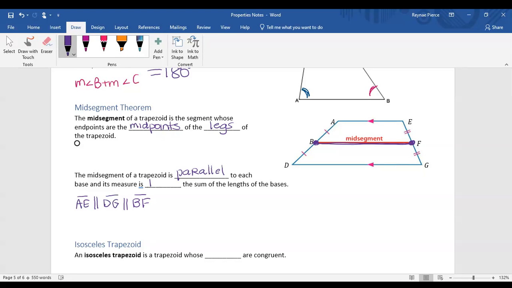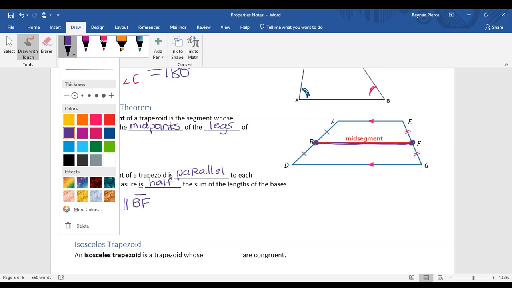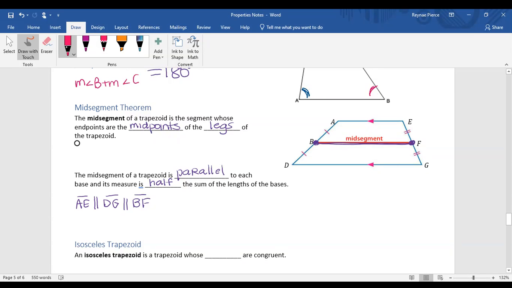The length of the mid-segment is half the sum of the lengths of the bases. So we're going to take the length of one base, the length of the second base, the two parallel sides of the trapezoid, cut it in half, and that's how long the mid-segment is.